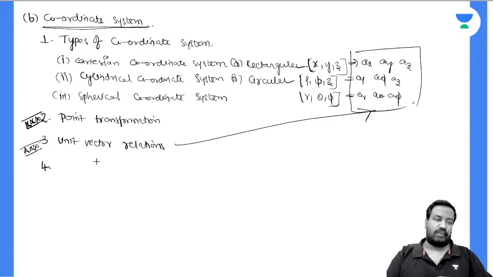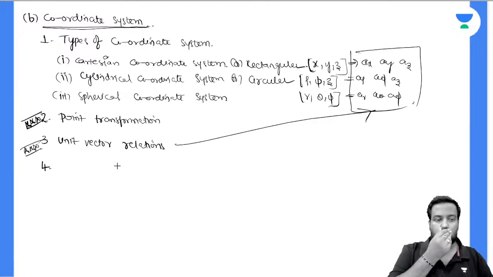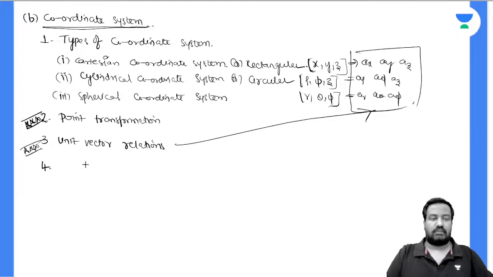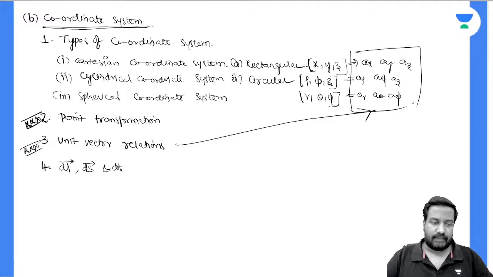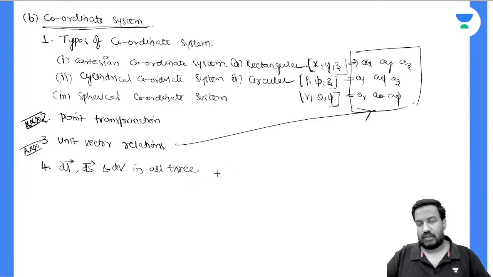Then we went through defining differential length, differential surface and differential volume in all three coordinate systems.